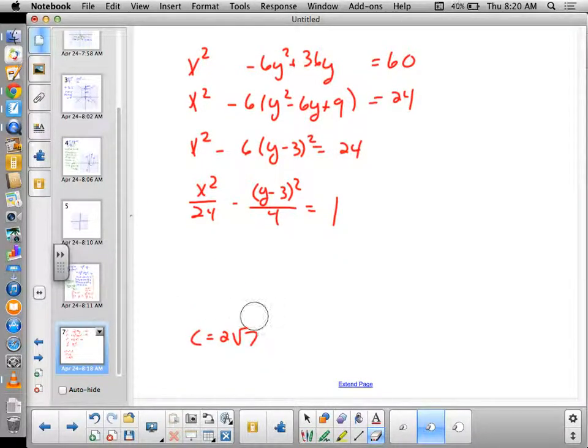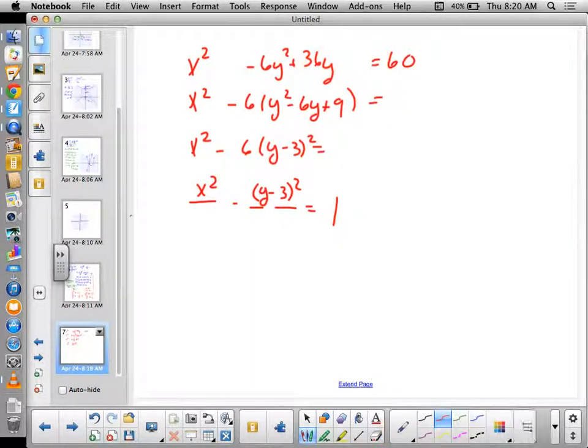I say something's not right here. It's 6, isn't it? Yeah, 6, and this becomes a 1. Okay, so there's the 7. So c squared equals 7. So c equals plus or minus square root of 7.